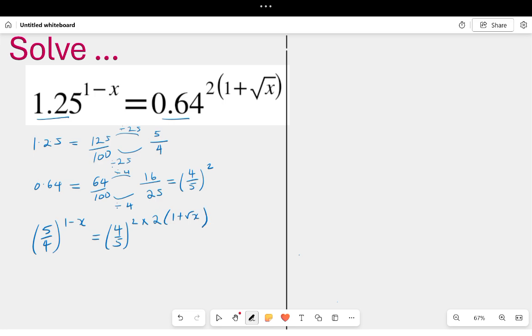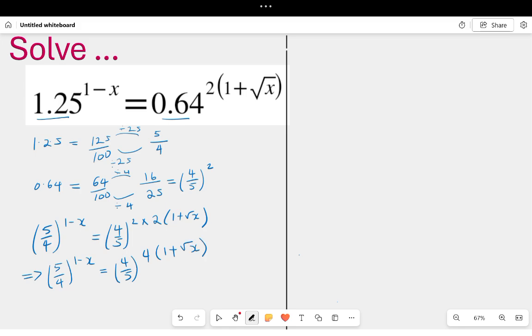Now, this is going to be equal to 5 over 4 into 1 minus x is equal to 4 over 5. So 2 times 2 is going to be equal to 4 into brackets 1 plus the square root of x.